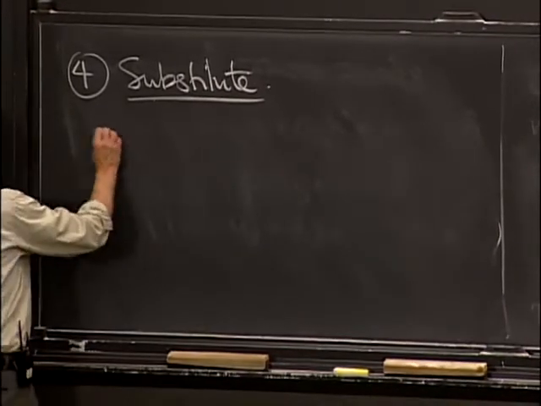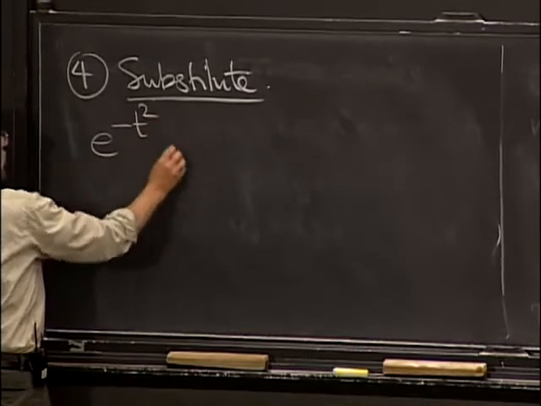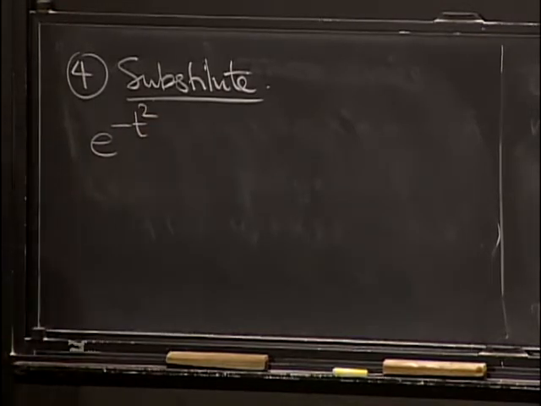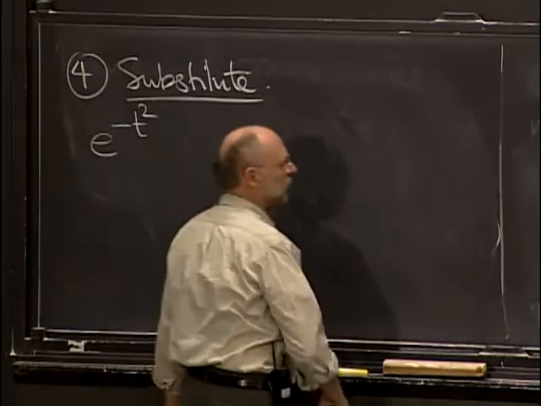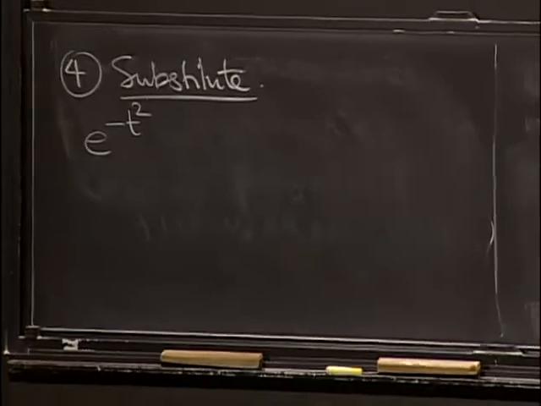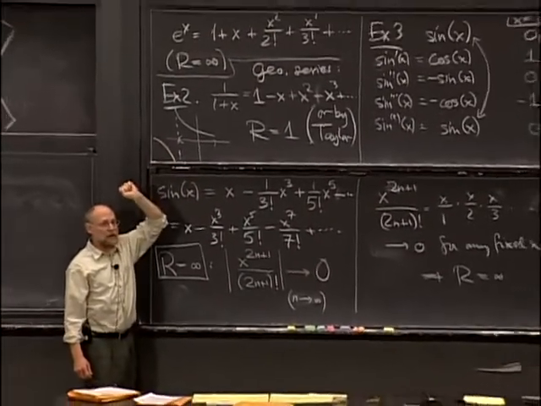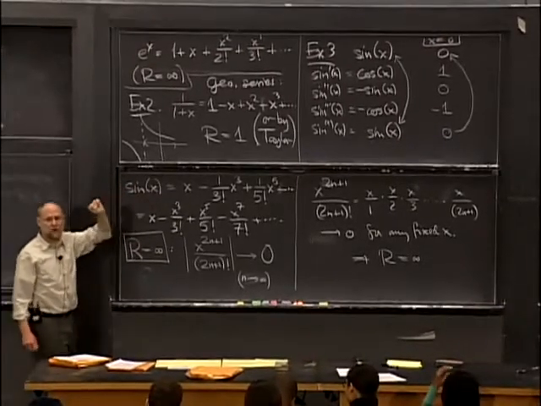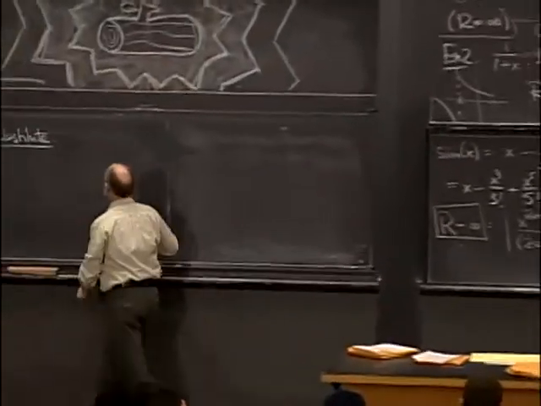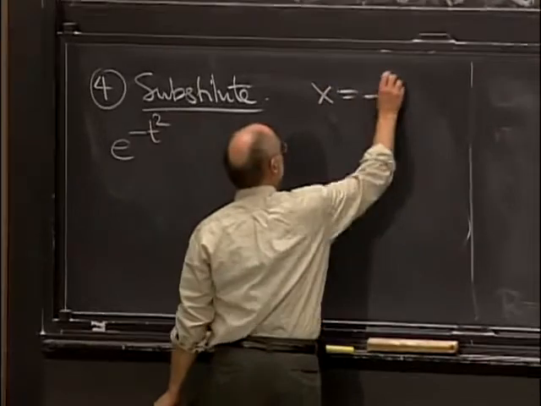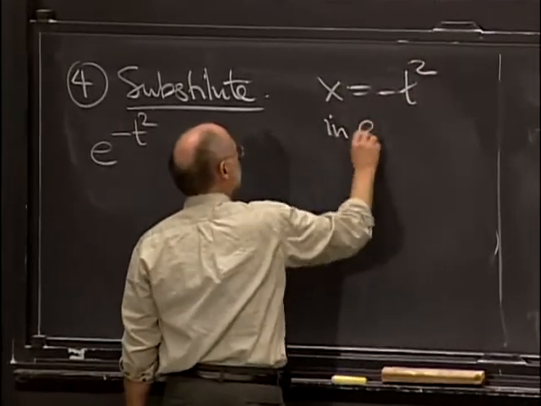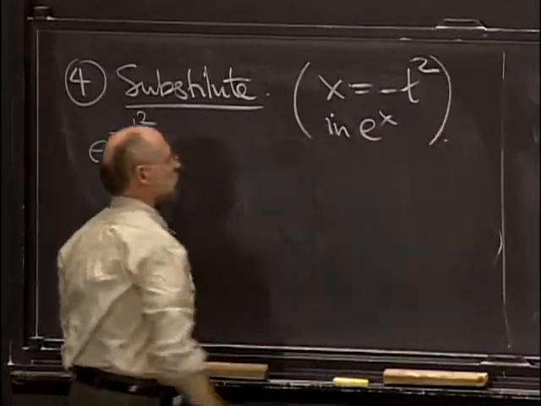So I'm going to try to find the power series expansion of e to the minus t squared. The way I'll do that is by taking the power series expansion for e to the x, which we have up there, and making the substitution x equals minus t squared in the expansion for e to the x.